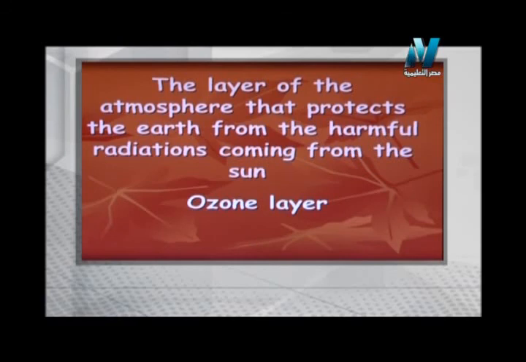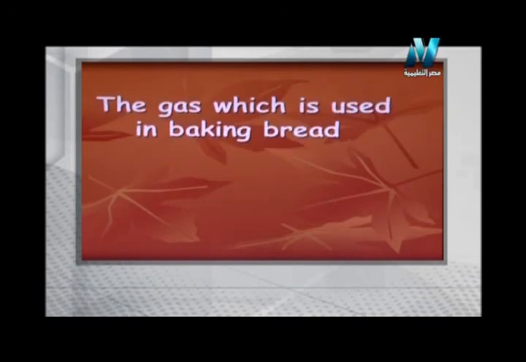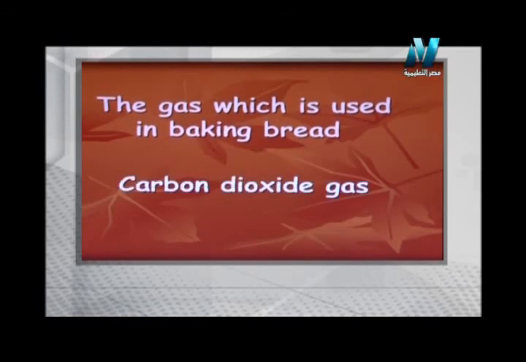Another question. The gas which is used in baking bread، الغاز المستخدم في صناعة الخبز. It will be the carbon dioxide gas. Again, the gas which is used in baking bread, it will be carbon dioxide gas.